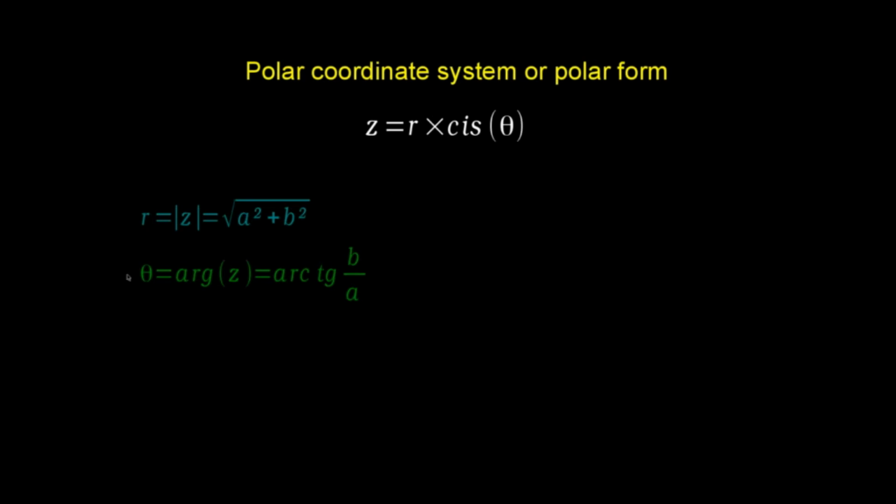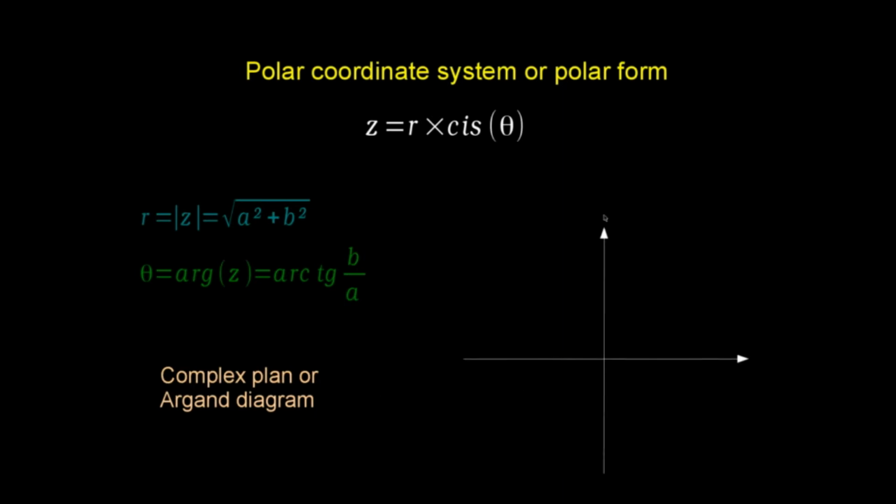So, to have a better understanding of complex numbers, let's introduce the complex plane or the Argand diagram. We can draw the Argand diagram in a Cartesian system where the horizontal axis represents the real part of a complex number, and the vertical axis represents the imaginary part. So we can say that we have here our complex number, r equal to the modulus of z.